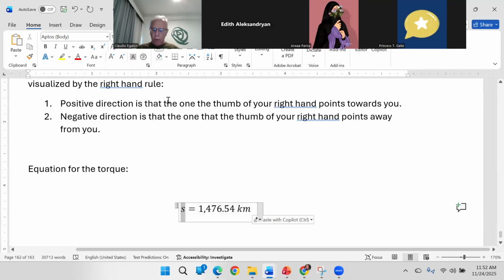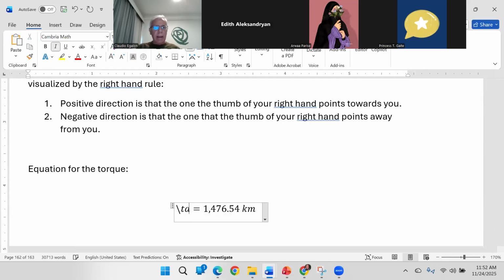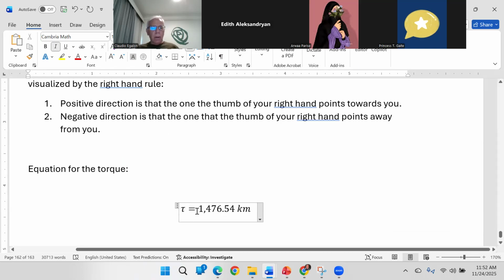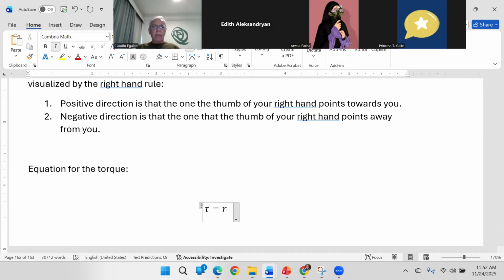Equation for the torque. The torque is usually represented by the Greek letter tau, and it's given by the magnitude of the vector position of the point of application of the force with respect to the axis of rotation times the force times the sine of the angle between those two vectors. Like that. Okay?